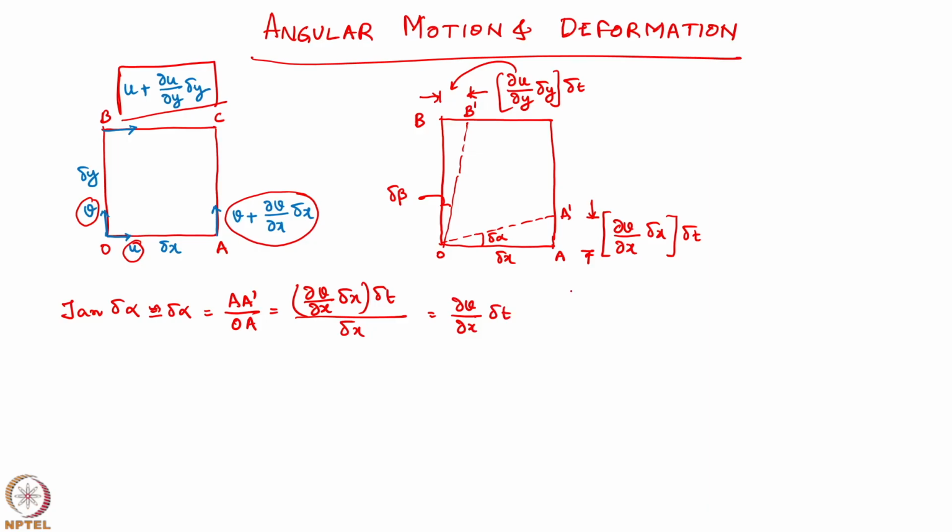Now if you take the angular motion, that is omega OA, what is omega OA? It is the angular velocity of OA.